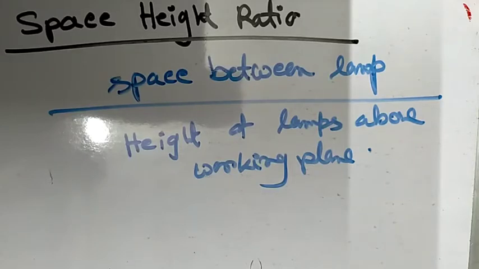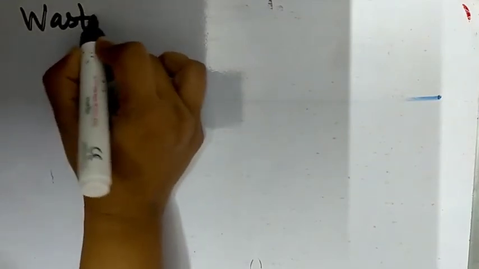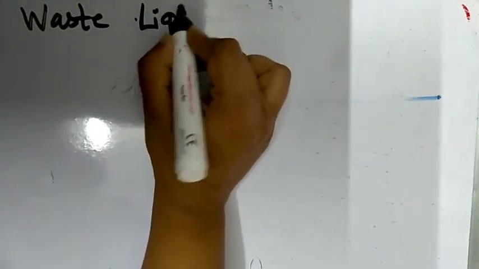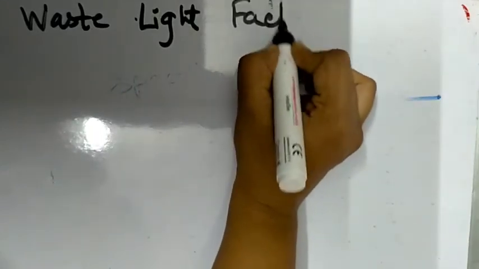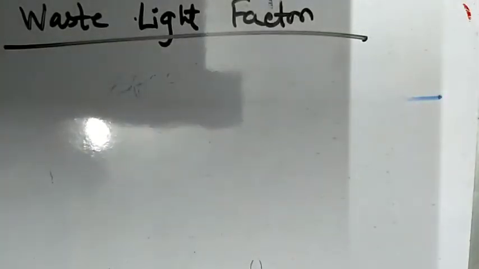Next is the waste light factor. Now, in a flood lighting scheme, a number of projector lamps are employed so that light of each projector not only overlaps that of its adjacent projector, but at the edge of the area some light falls outside.